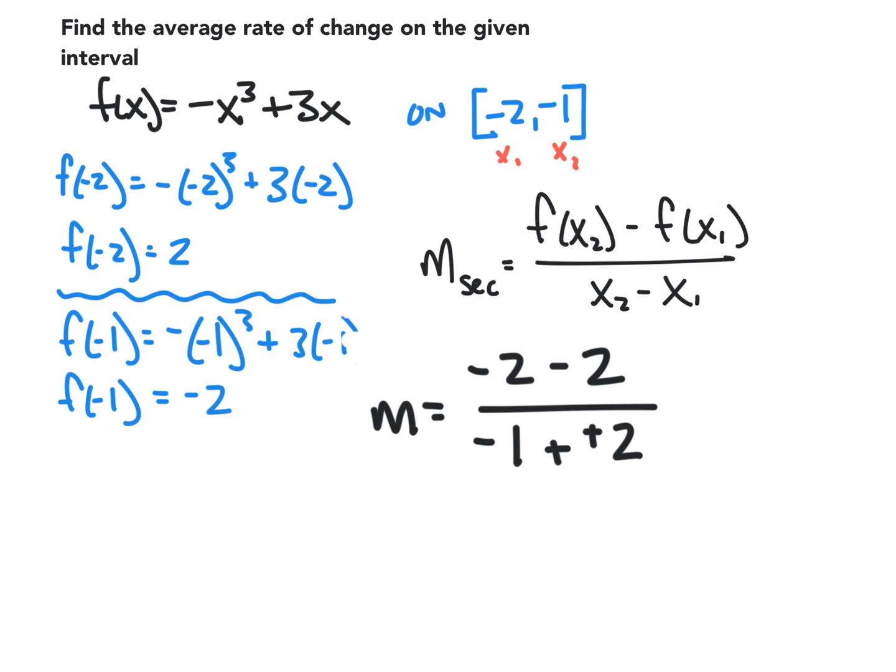So we end up with the slope being negative 4 over 1, or just negative 4. The average rate of change for the function negative x cubed plus 3x on the interval negative 2 to negative 1 is negative 4.